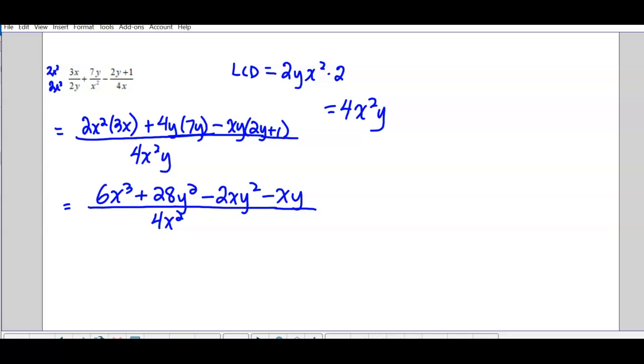Now, really, we should try to put it in descending order of degree in that numerator. So 6x cubed, degree 3, then another degree 3, and then an x and a y term, and a 28y squared.